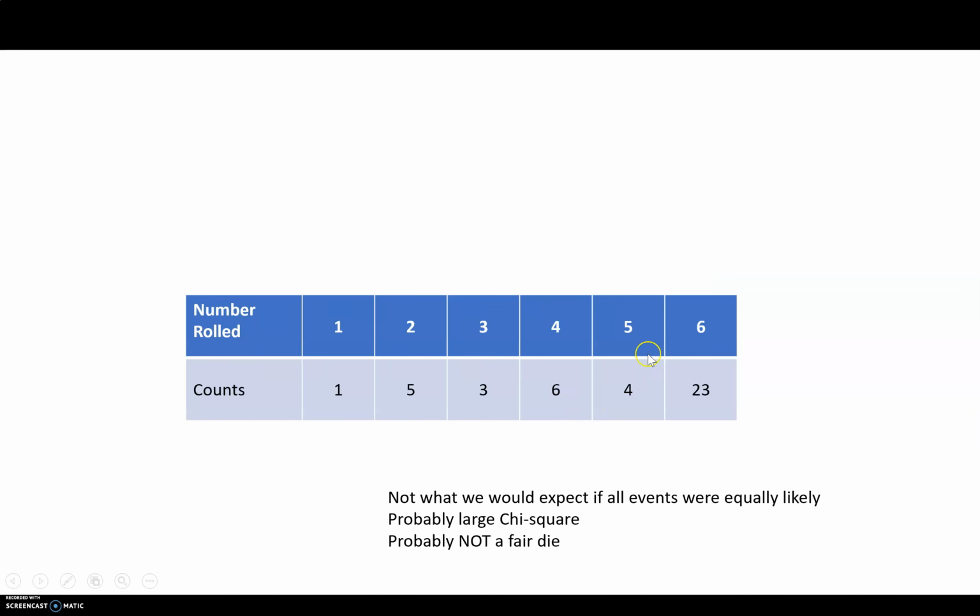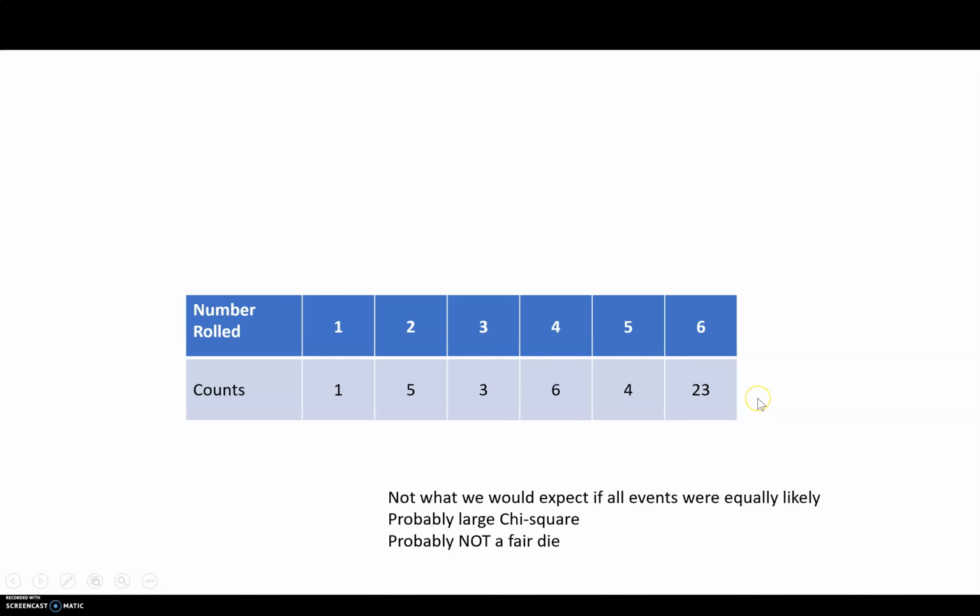However, if you were looking at this kind of scenario where you roll it a bunch of times, and instead you're saying, 1, 5, 3, and then 6, you roll that 23 times. This is going to be a larger chi-square. Remember, you're going to take the expected count.